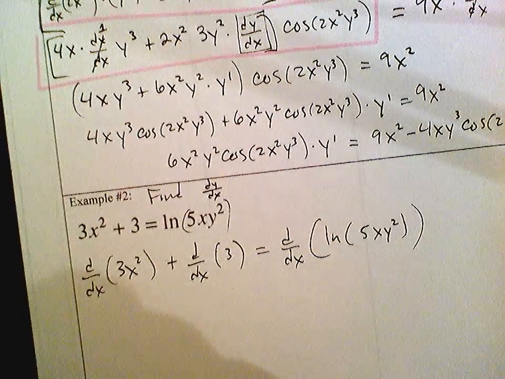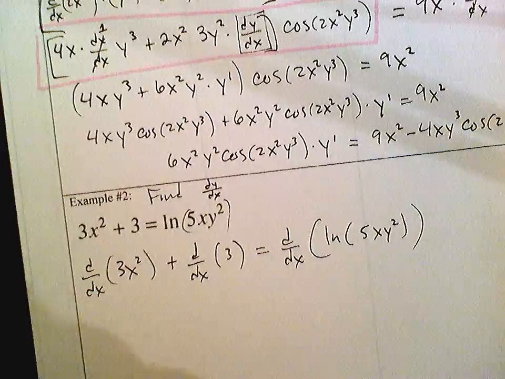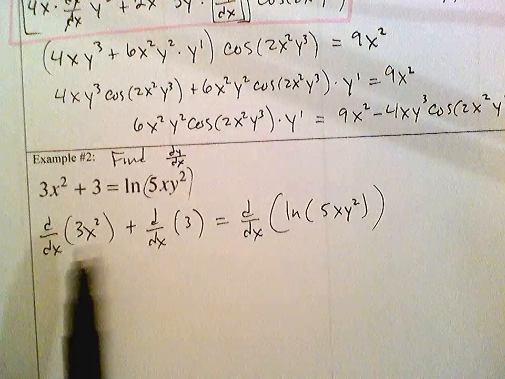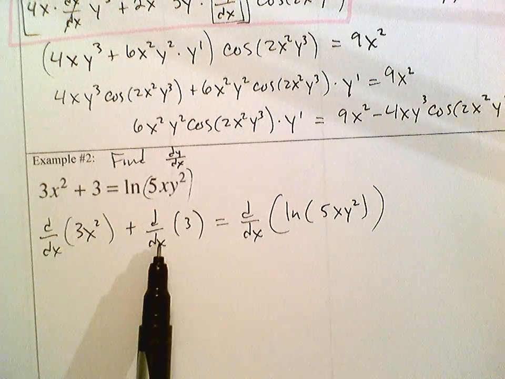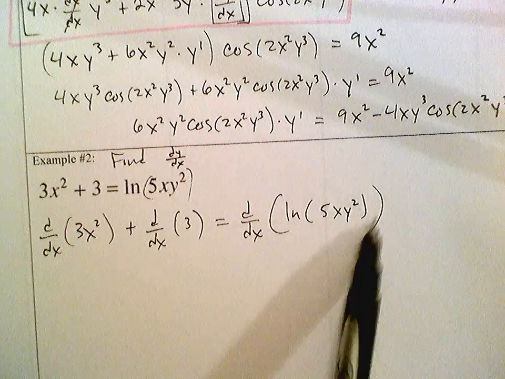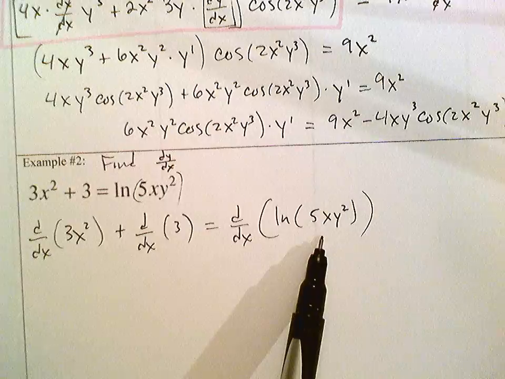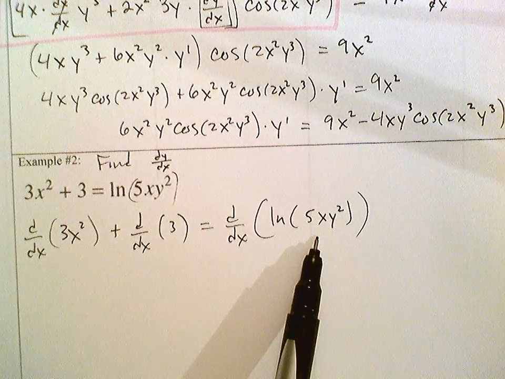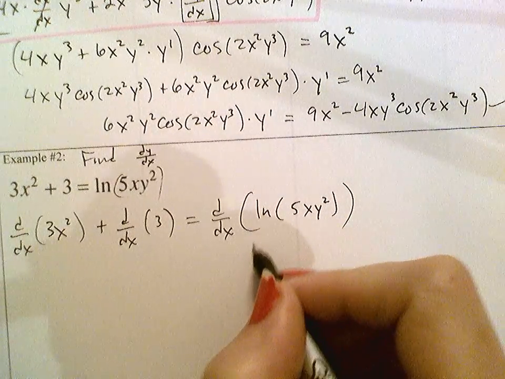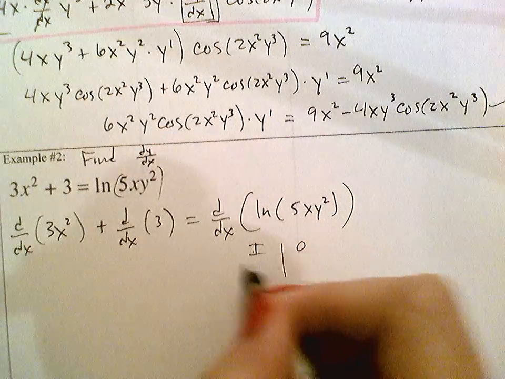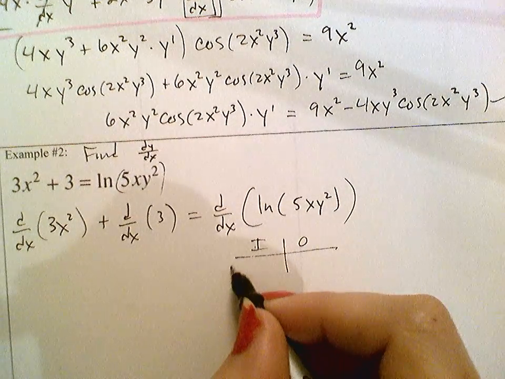Okay, now I'm going to hold off on these derivatives because they're super simple and straightforward, and I'm going to do this one first because it involves chain rule. Implicit differentiation always involves chain rule, but this is like a super chain rule because I've got to do chain rule anyway, even if it were not implicit differentiation.